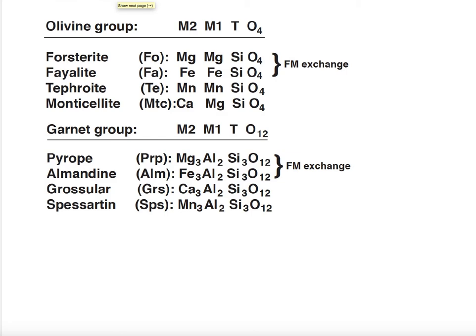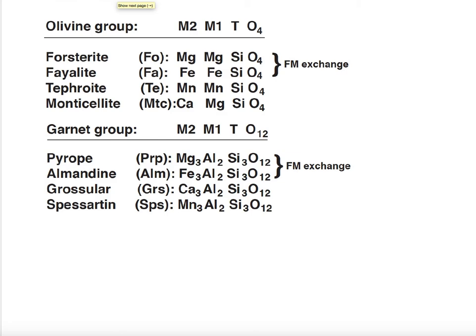Instead of the magnesium, you put iron inside, and then you have a calcium iron bearing olivine, and this olivine end member is called the kirstenite. But all olivines have 4 oxygen.